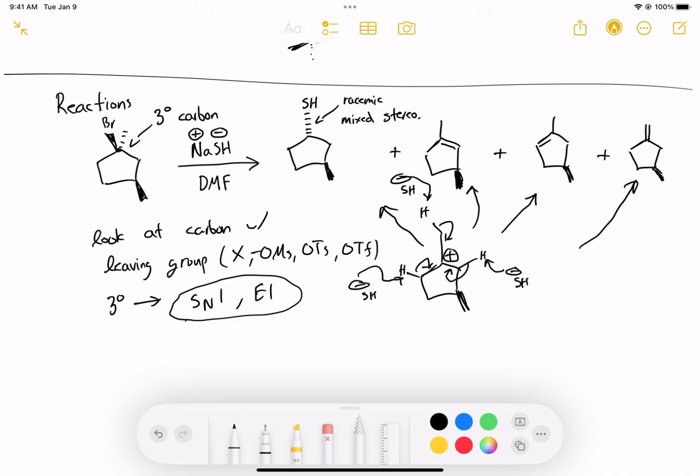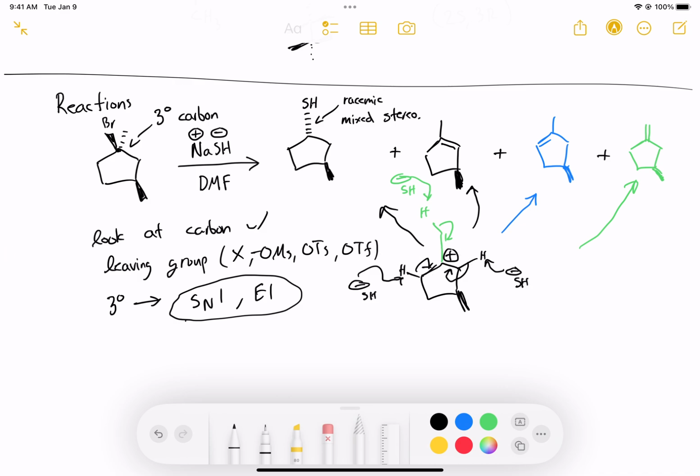Maybe I should color code it. So this one, let's make this green. So this one will be attacked from here. Okay, so say that's green, all right? And then this one, let's go with blue. Oh crap, nope. Stop. So this one is when we attack it from this position.